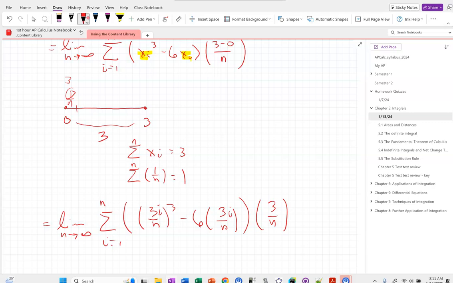Yeah, so I know that if I add up n 1 over n's, that's 1. If I add up n 3 over n's, that's going to be 3n over n, which is 3, right? And that's what all my subdivisions have to add up to, because we're going from 0 to 3.